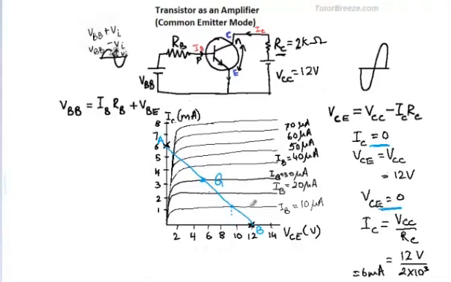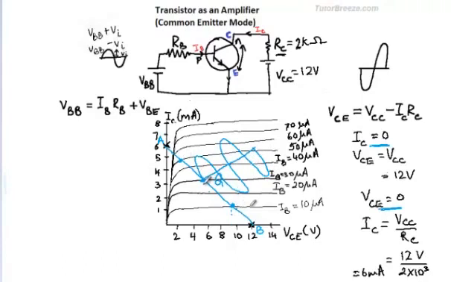See, when we connect the AC signal, then depending on the positive and negative values of the input signal, the base current is going to swing, so the variation in the base current is from here to here and from here to here.